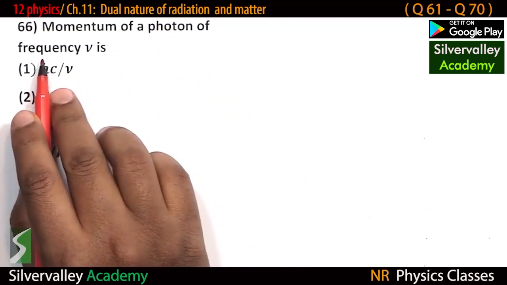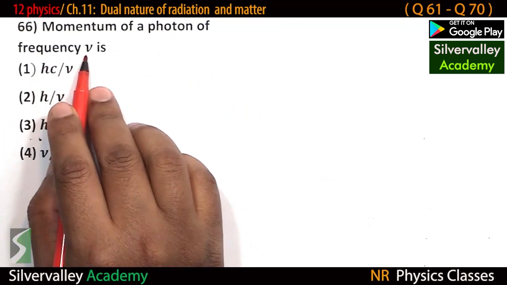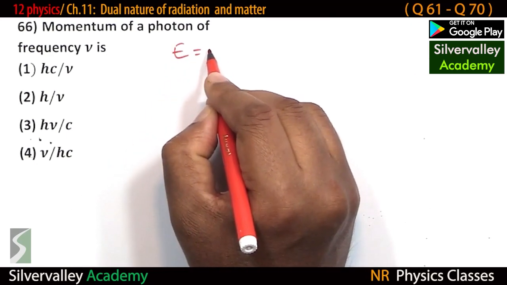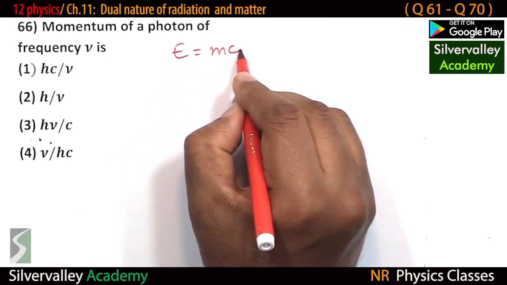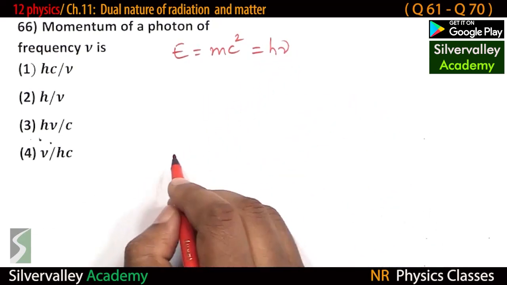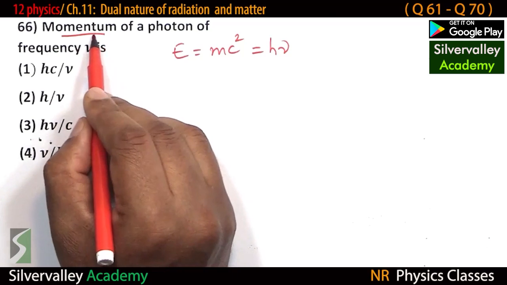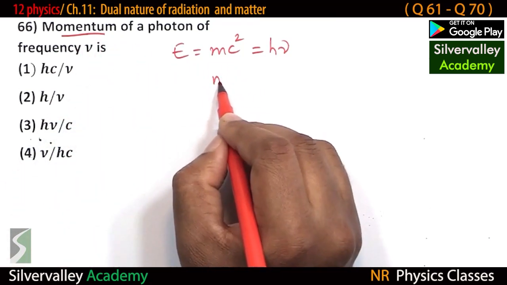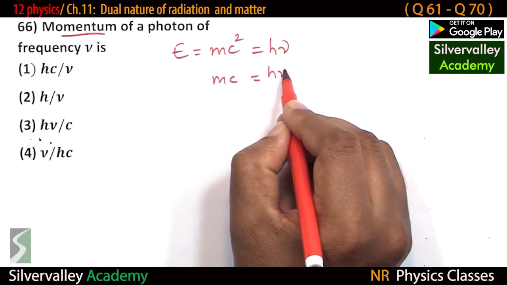Momentum of a photon of frequency nu. Students, recall equations. Mass energy equivalence, mc square. Energy of a photon, h nu. Momentum is mass into velocity. Here is mass and velocity. So mc equal to h nu by c.